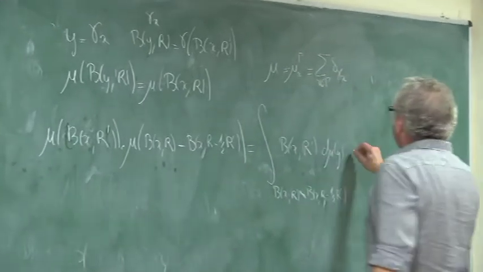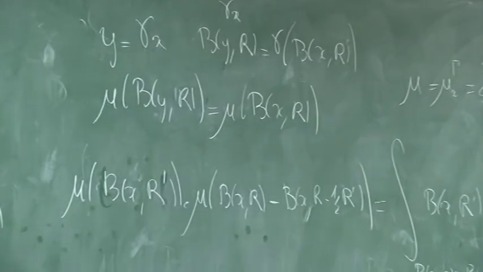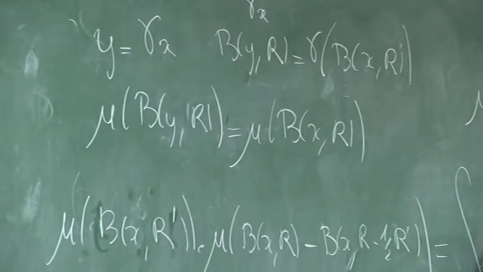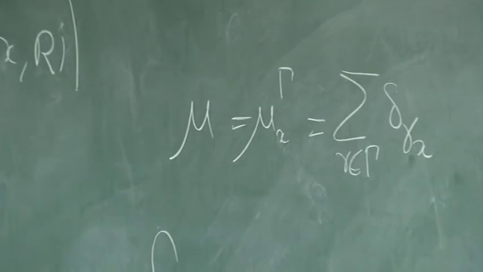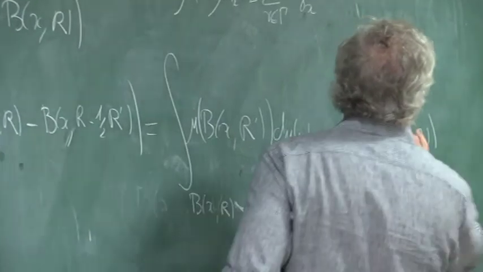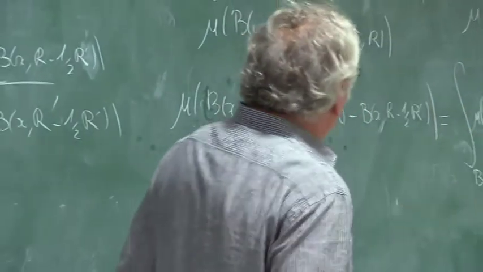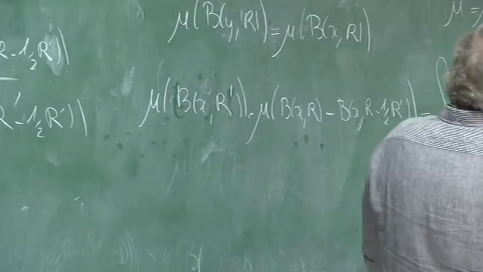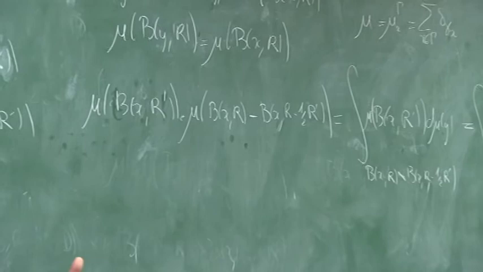So I can replace this by the same integral, but with the measure of the ball around y of radius r prime, d mu y, because the support of the measure is always the orbit.